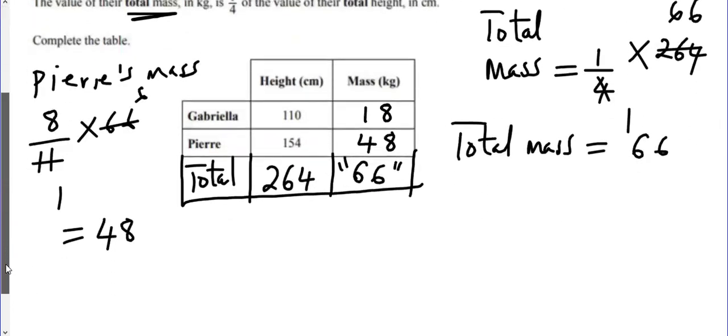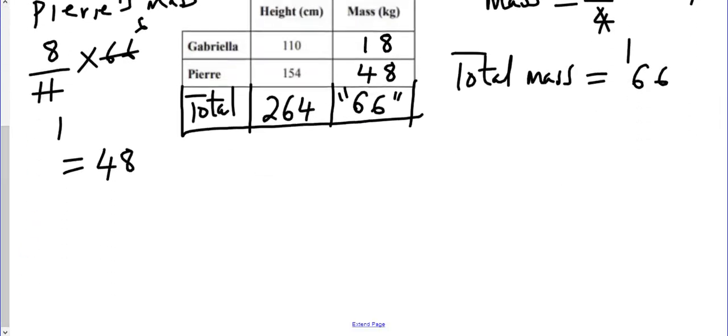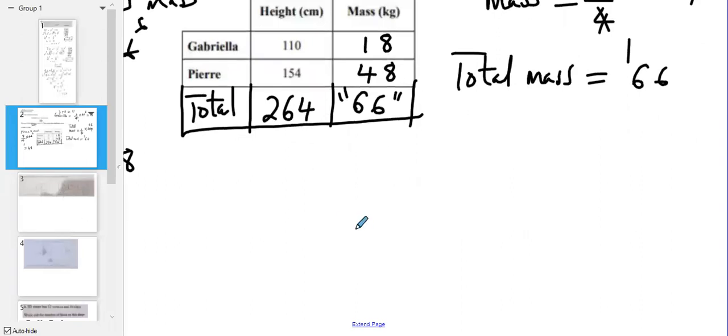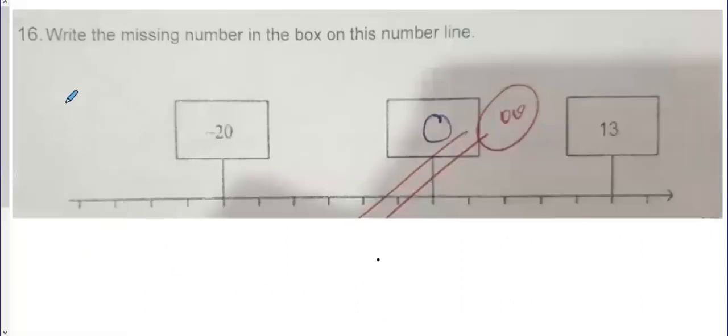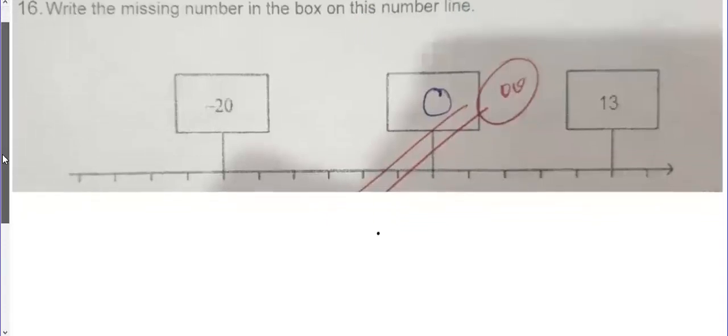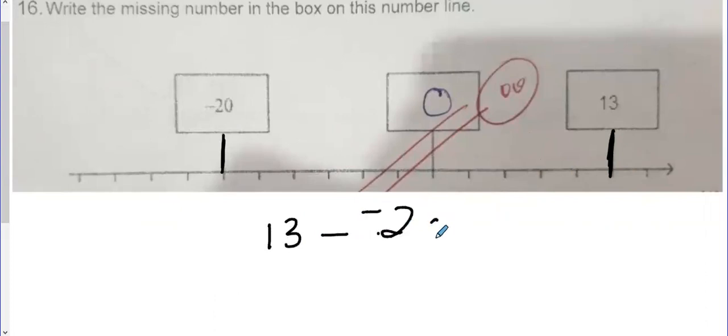Okay. Right. So the next question will be this question here. Write the missing number in the box on this number line. So the first thing you have to do is find the difference between 13 and -20, meaning that just take 13 minus -20.